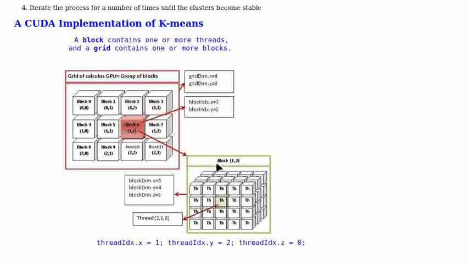And this block 1, 2 could be 3-dimensional like this, or 2-dimensional, or 1-dimensional. In this case, it is 3-dimensional. So block dim dot x is 5, and dot y is 4, and dot z is 3.